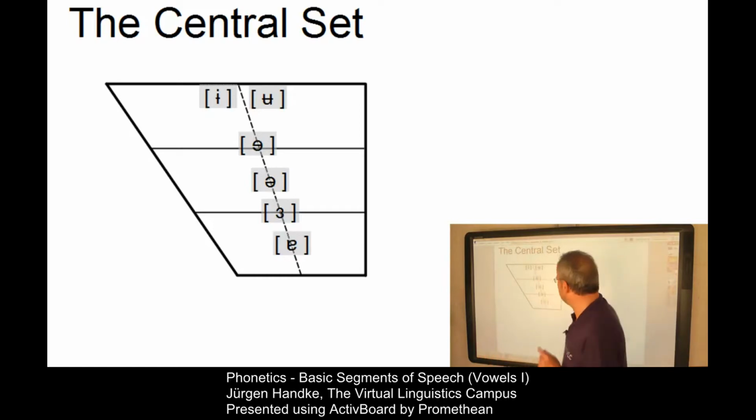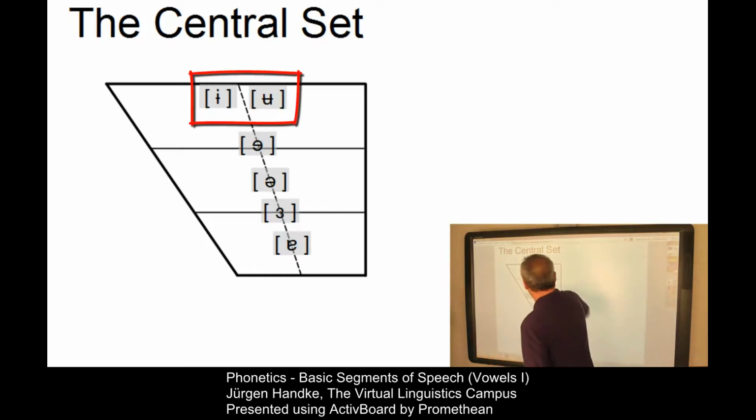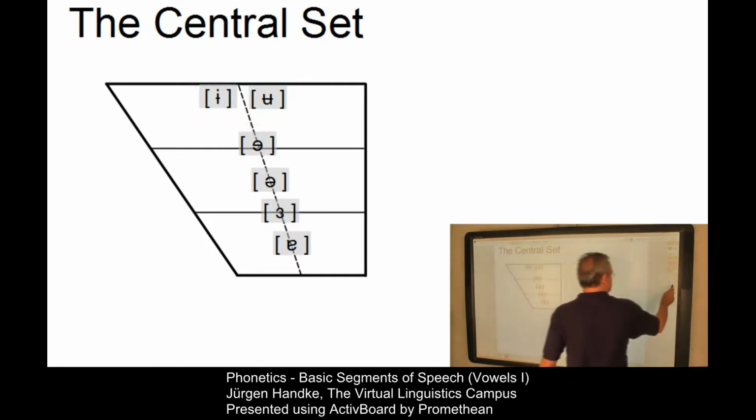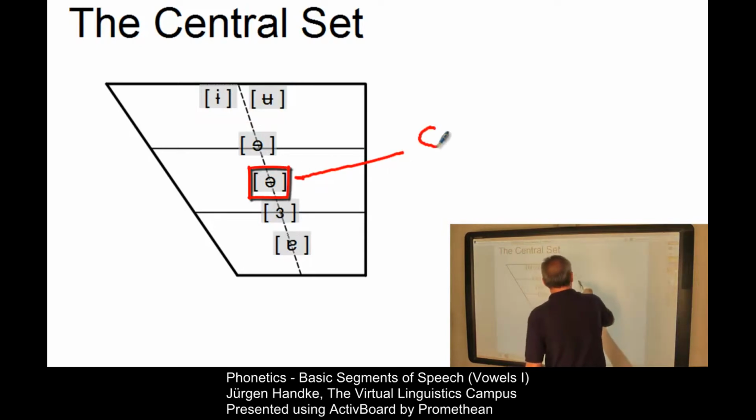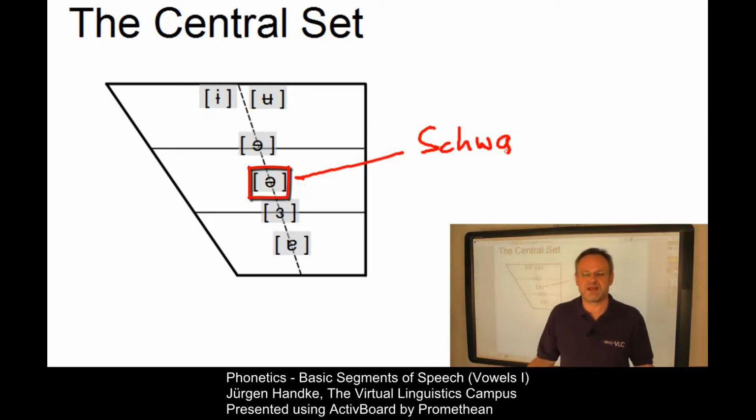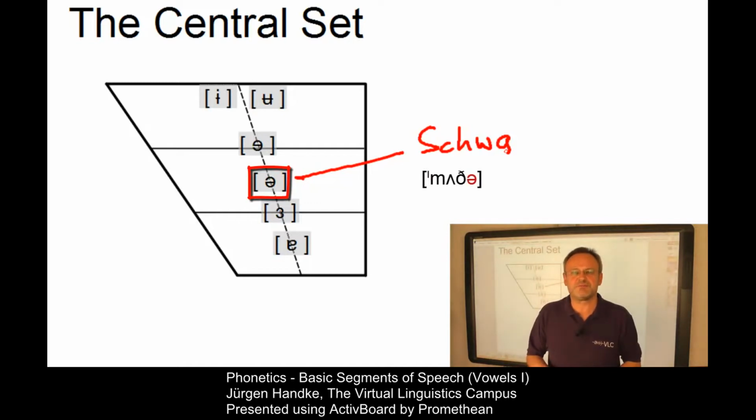The main central vowels are here the two high vowels, mixtures between E, U and U. So it's something like U, something like U, a fronted U, which would be something like U. Here we have, for example, this is an interesting one, the so-called schwa. Now the schwa is the central vowel that exists in many languages of the world, so a vowel like in English, mother, would be a good example.